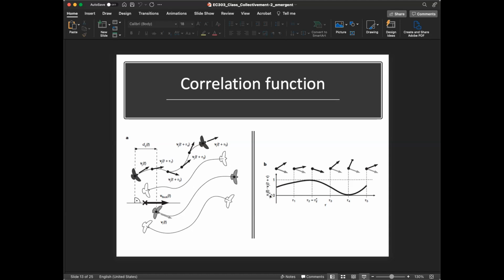On the other hand, what you have are two random variables, in this case the velocities of the two different birds. Therefore, this is called cross correlation function. Okay, and the x-axis will be the time lag between the two velocities. Y-axis will be this scalar product, or the cross correlation function.